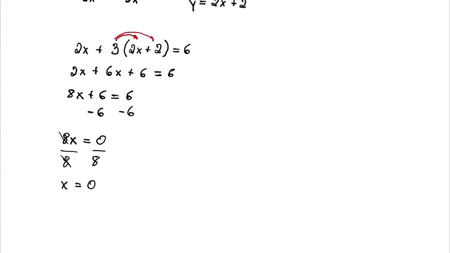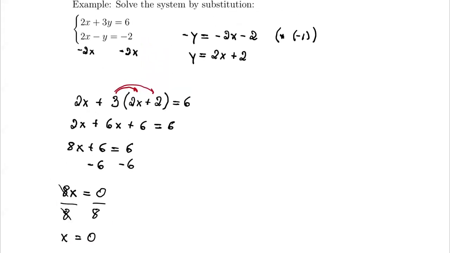Now we use this value, x equals 0, in this equation, y equals 2x plus 2, to get the value of y. So y is equal to 2 times 0 plus 2, and that leads to y equals 2.